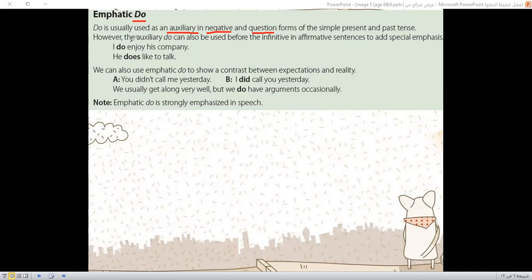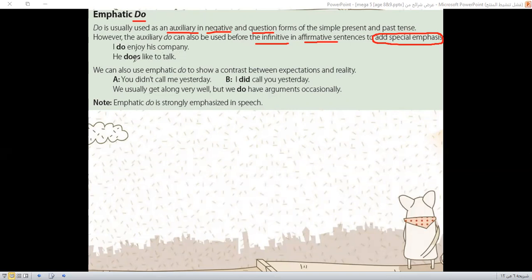However, I can use the auxiliary do before the infinitive in affirmative sentences to add special emphasis only. This is why I add do and does. For example, I can say, I do enjoy his company.